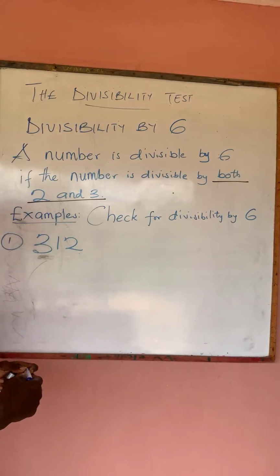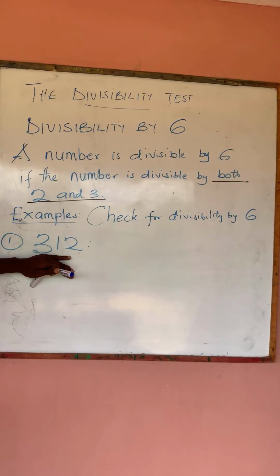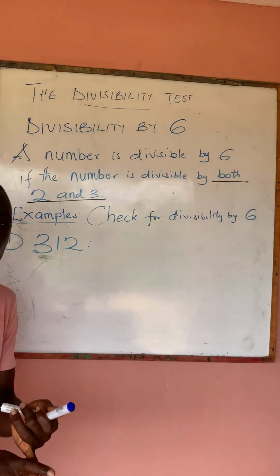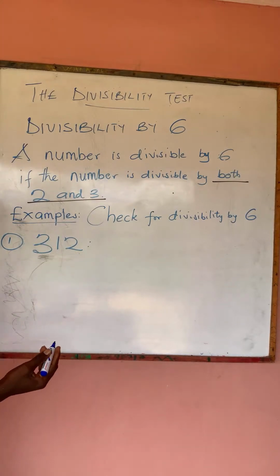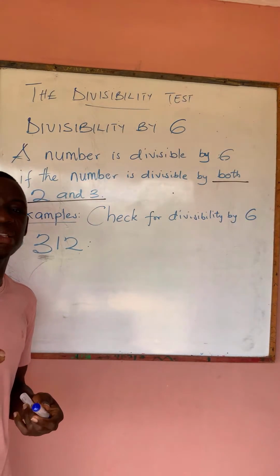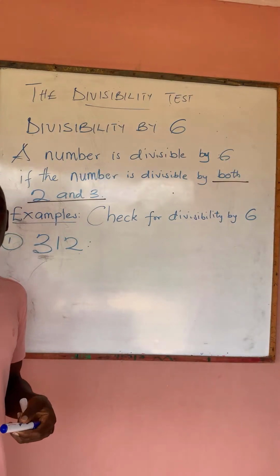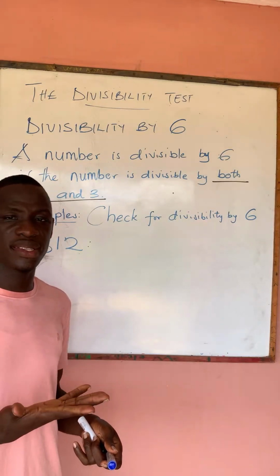So this 312 should be divisible by 2. We are going to check with divisibility by 2. For divisibility by 2, a number is divisible by 2 if the last digit is an even number, meaning it should be 0, 2, 4, 6, or 8.